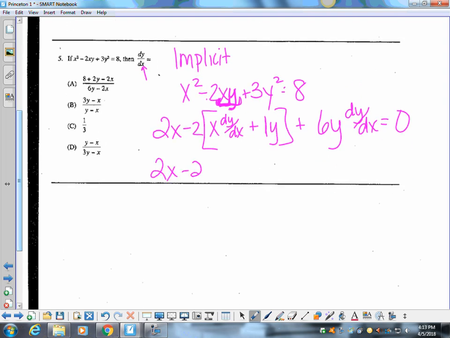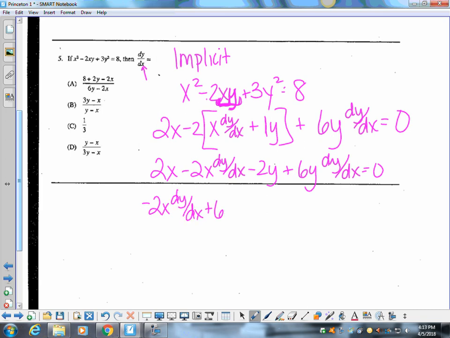So I'm going to now distribute my minus 2 back in. And again, I know I'm going to go fast, but I want you guys to pause it and finish the problem and then check it against mine. Or watch me and then you do it. All right, I'm going to leave my dy/dx's over here.